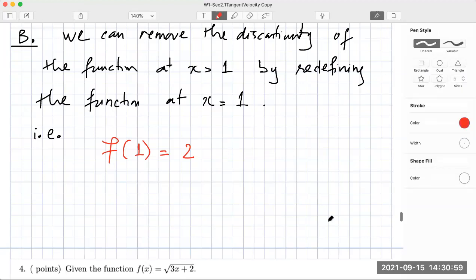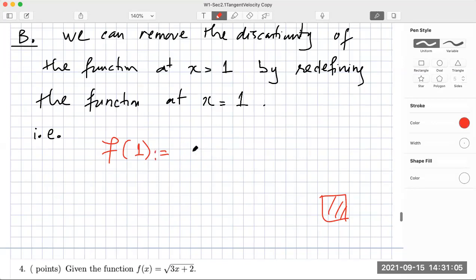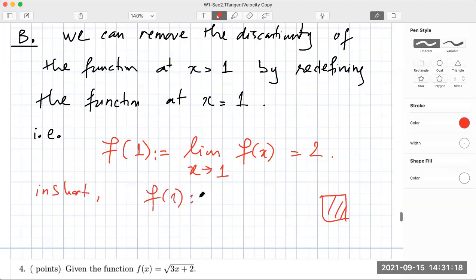That's it. So this notation in math means define, okay? That's it.